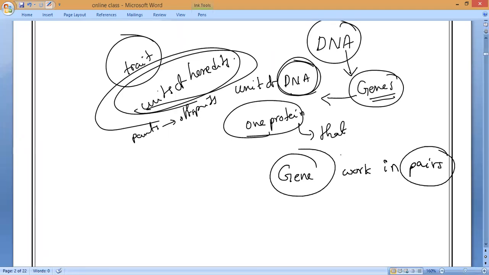Let us explain that later. Before that, please write the definition of gene, which is the most important one, because many times they will ask you this question.